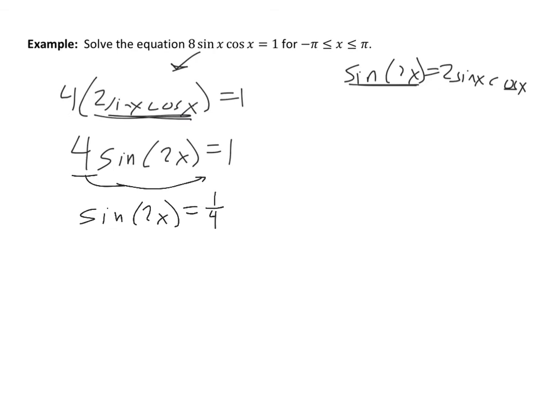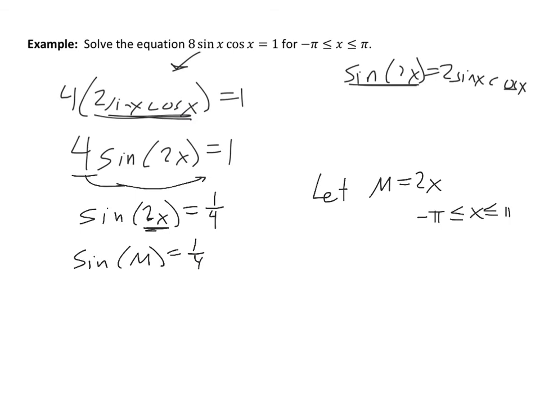My next step is I really want the thing inside to be just a single variable. So I'm going to let m be 2x. That gives me the sine of m equals 1/4. But my bounds originally were negative pi less than or equal to x less than or equal to pi. So now I want to change these into m bounds.